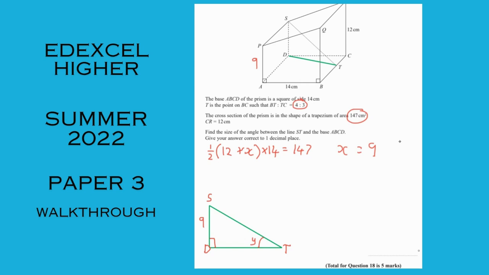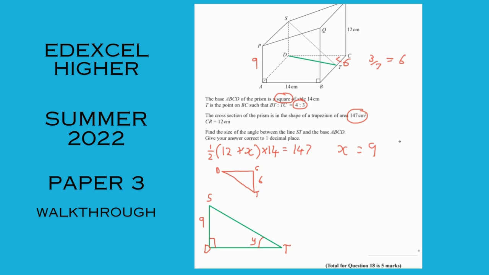Let's look at the other bit of information. B to T is 4/7 of the line. C to T is 3/7 of that line. Now here's where you can easily miss a bit of information. This is a square. 3/7 of 14 means that distance there is 6. So it does mean D to C to T, we've got a right angled triangle on the floor.